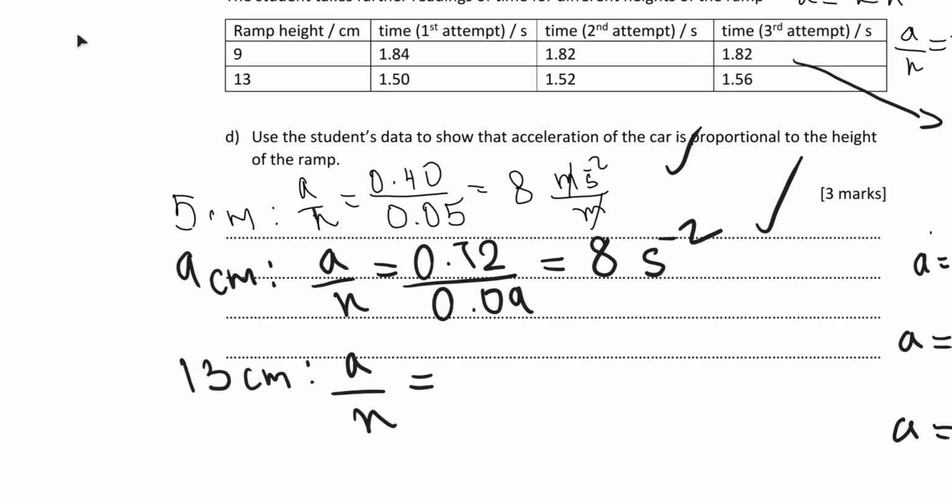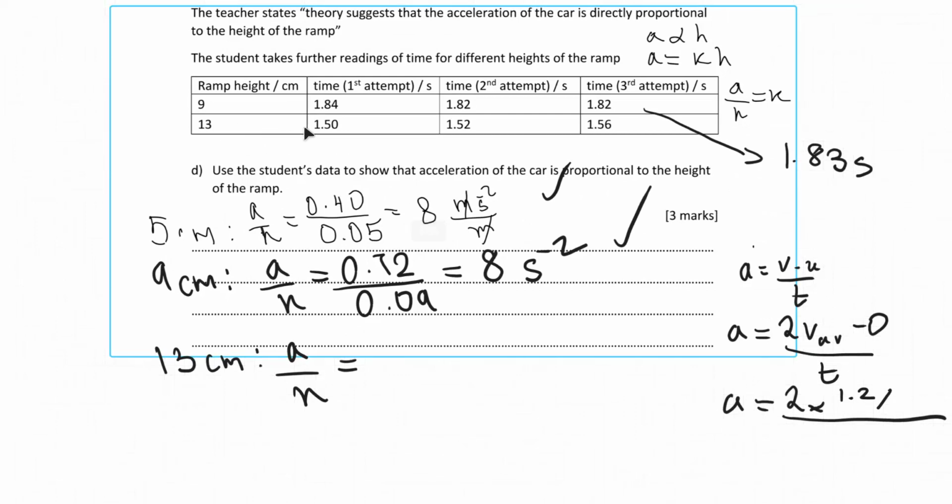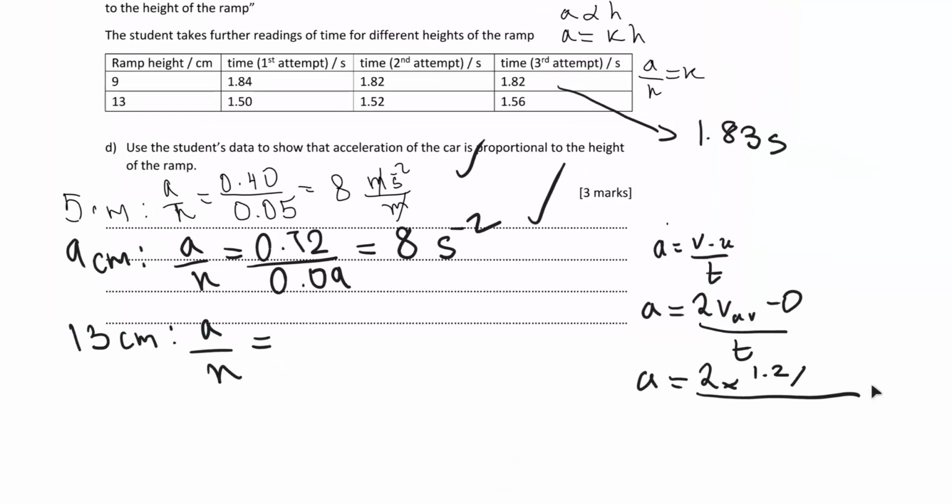Now I'm going to repeat exactly the same procedure for the 13 centimeter height row. However, in this formula I'm now going to be dividing by the average of those 3: the average of 1.5, 1.52, and 1.56. The t average for this height is no longer 1.83, but in fact equal to 1.53.